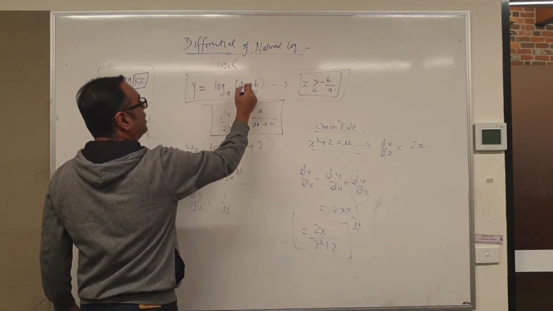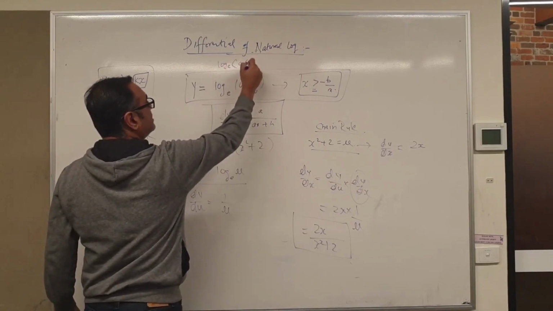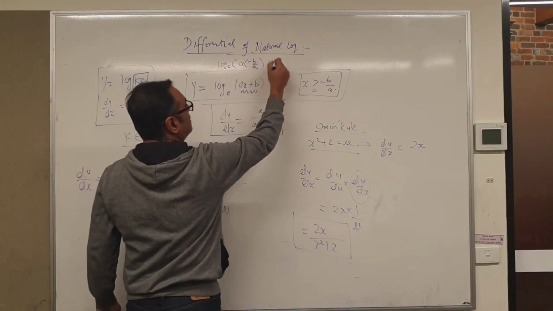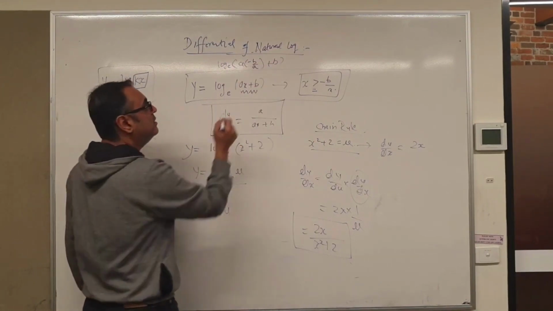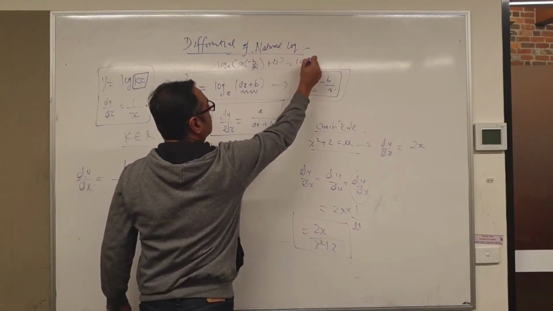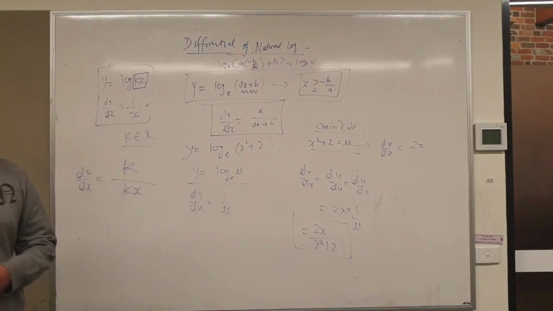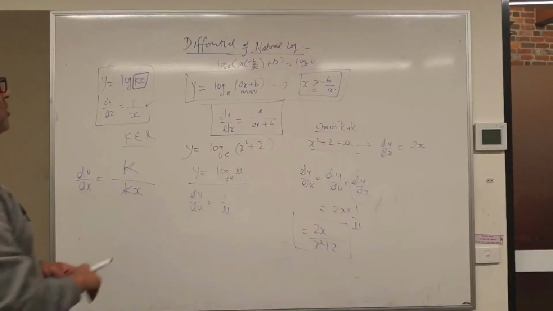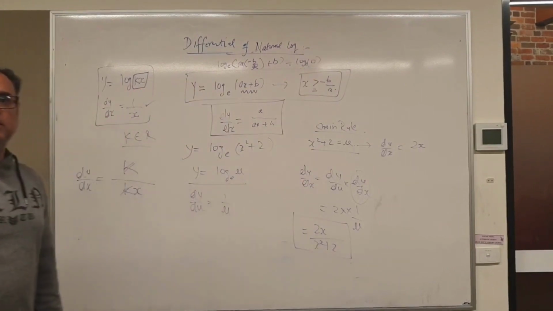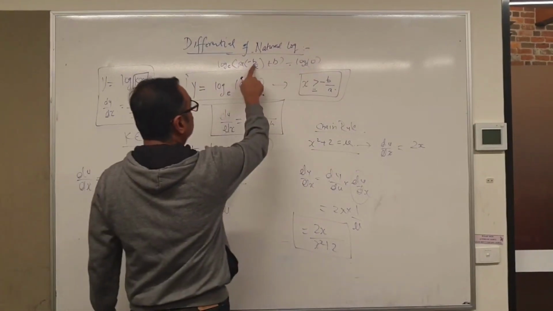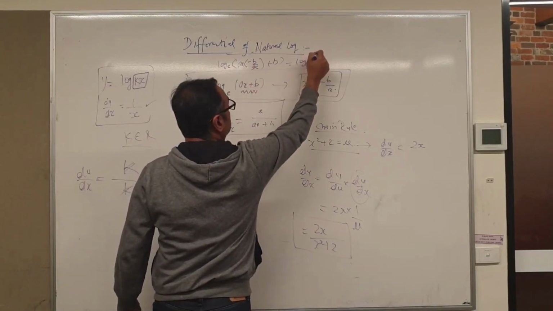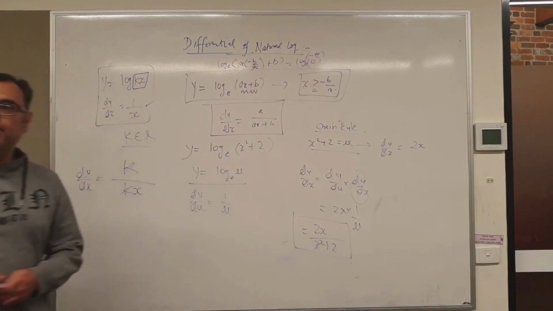Log e of a times x plus b, and your x is minus b over a. A cancels, b cancels, so it becomes log of 0. If your x goes below this, this becomes a negative value, and you don't have logs for negatives.